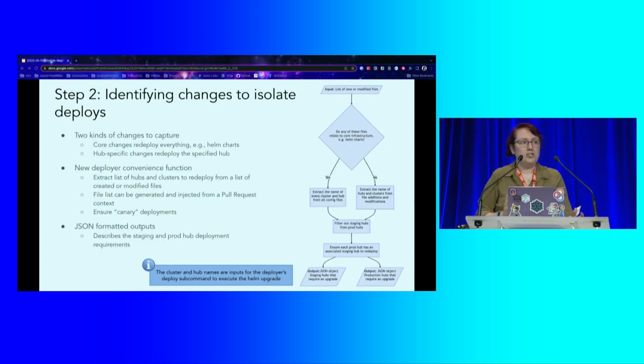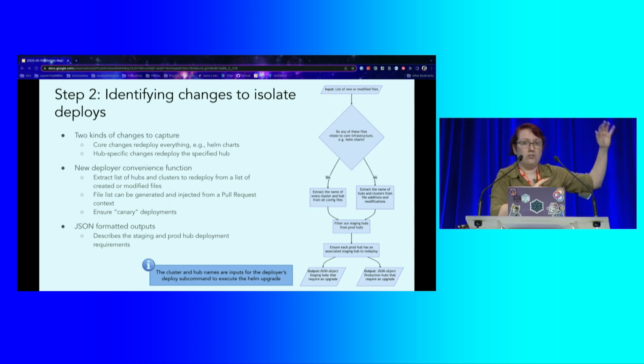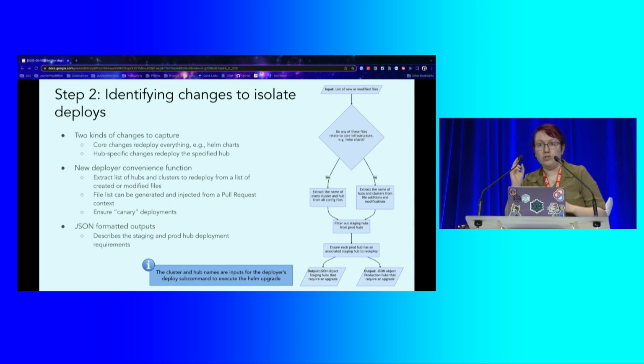So the first thing we need to do, we want to identify changes to isolate deploys. We want to be able to deploy one hub because its files have changed and not need to go through a whole list and do everything else. There are two types of changes we need to understand here. The first type is core changes that are going to apply across the board.